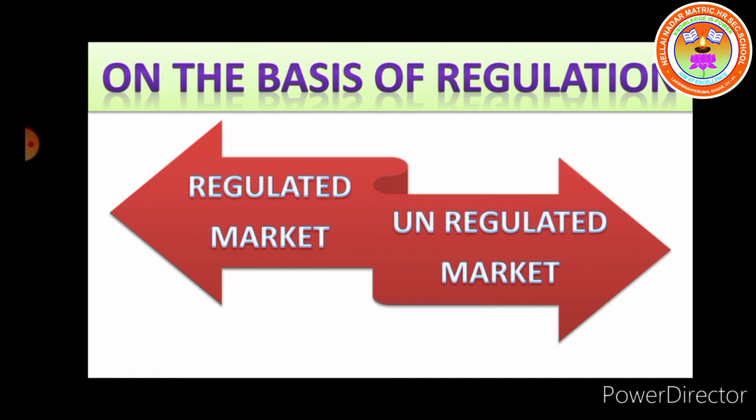Such markets may refer to the product or even a group of products. For example, the stock market is a highly regulated market. Unregulated market, this is an absolutely free market. There is no oversight or regulation. The market forces decide everything. Example, real estate business. Okay.